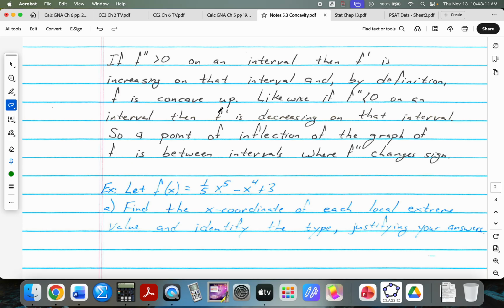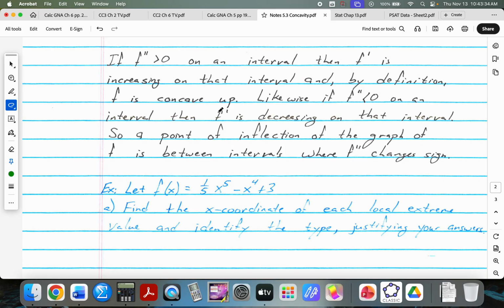Yes, it's another layer deeper. Likewise, if f double prime is less than 0 on an interval, then f prime is decreasing on that interval. So a point of inflection of the graph of f is between intervals where f prime changes sign.